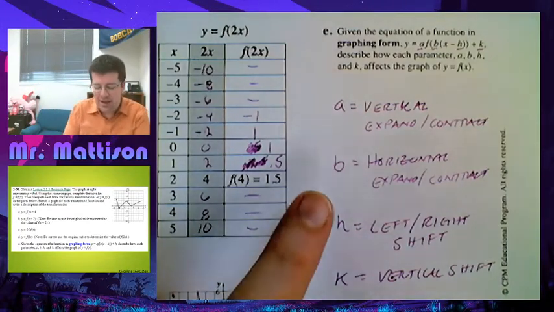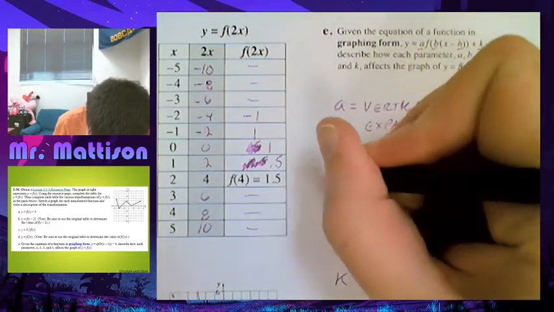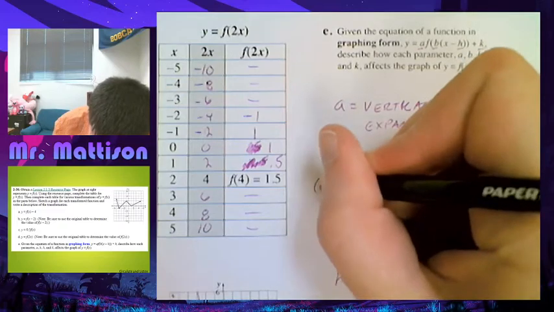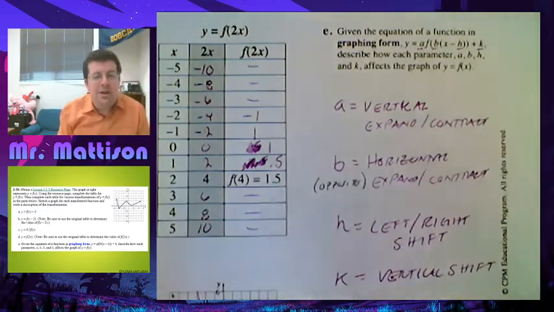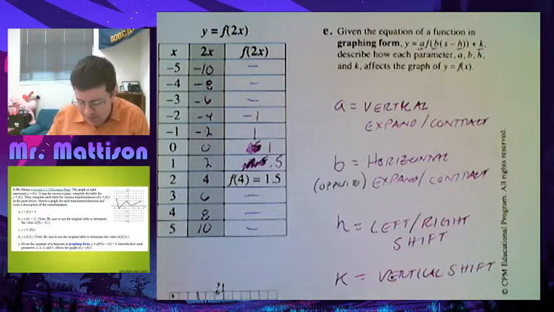So that one's going to be opposite of what you would normally think. It's the opposite of what you would normally think, right? So you think, hey, times 2 is twice as big, but it's actually half as big. Times a third, 3 times as big, because it's the opposite there.